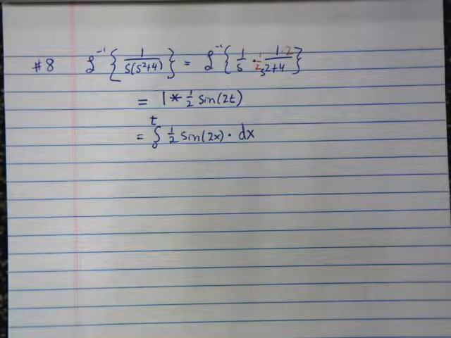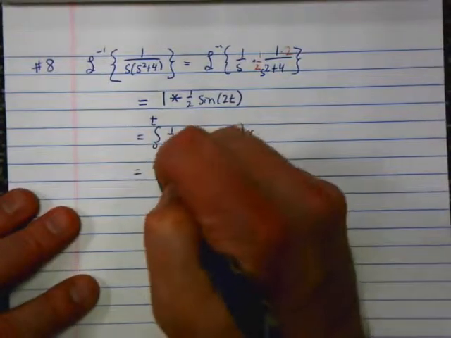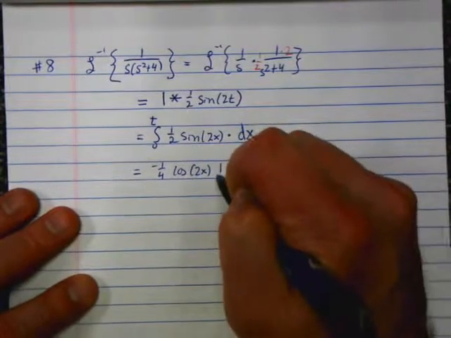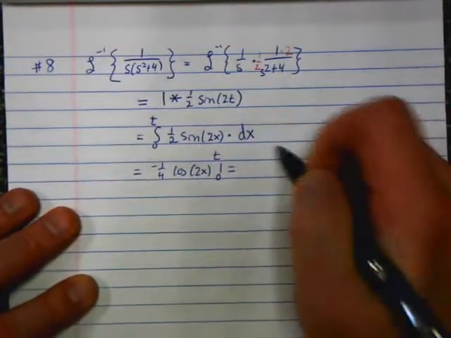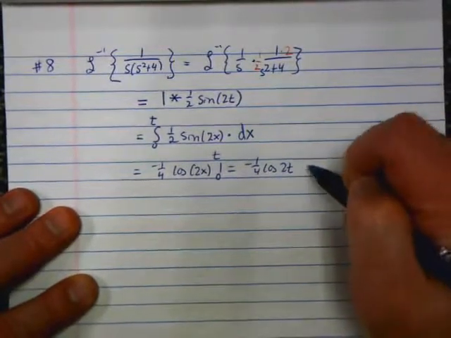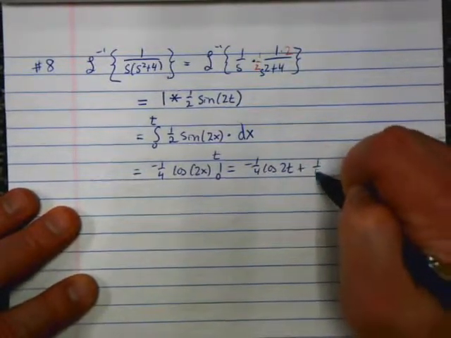So what's the antiderivative of 1/2 sine of 2x? Negative 1/4 cosine of 2x. Evaluate at 0 and t. So that's negative 1/4 cosine 2t plus 1/4.